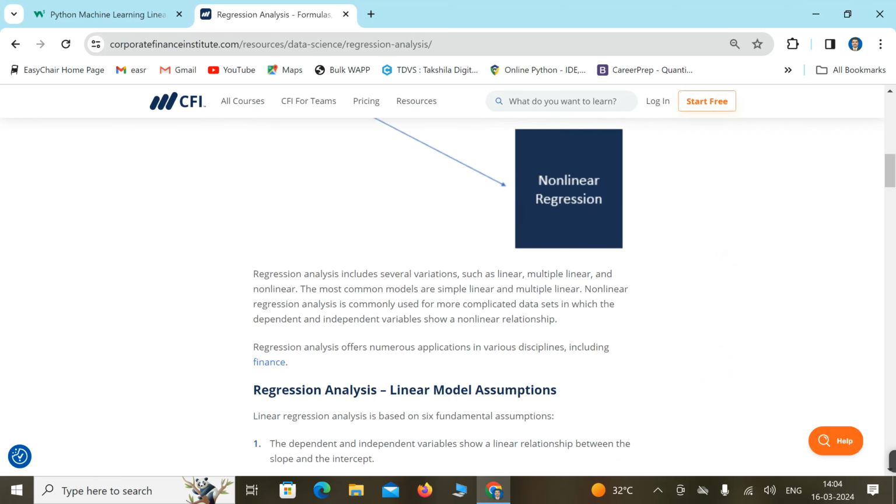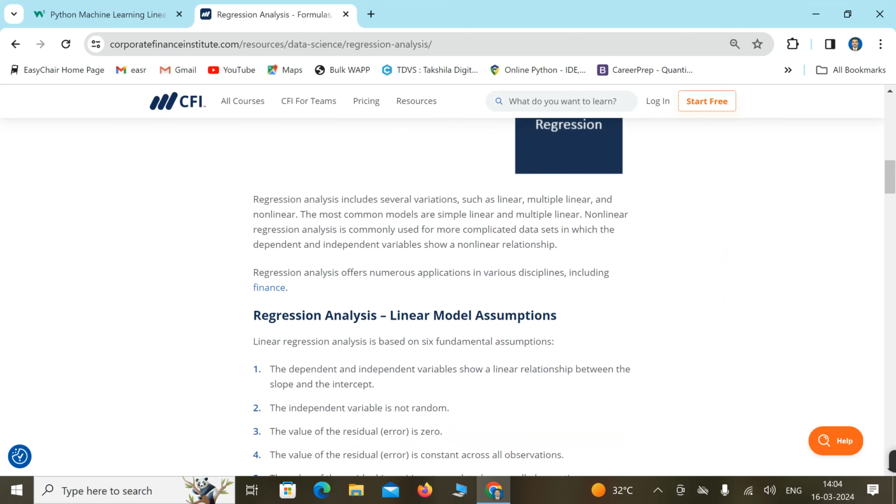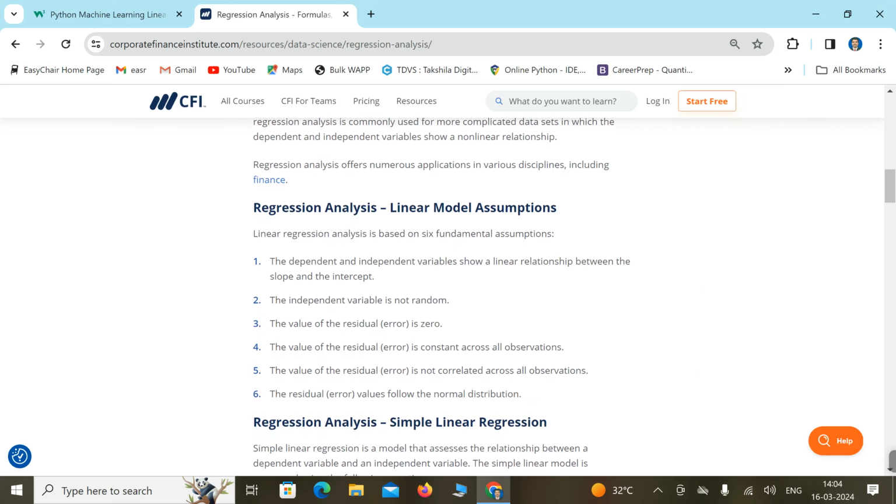Now let us see the meaning of a linear model, or how you define a linear regression analysis. Basically, linear regression analysis is based on six fundamental assumptions.